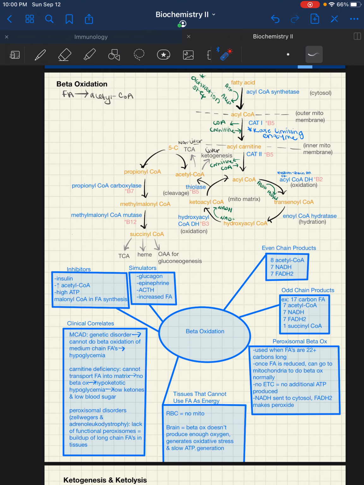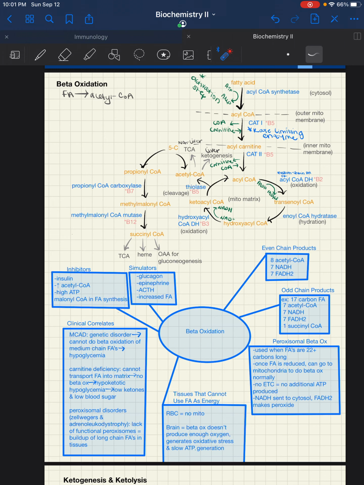Carnitine deficiency is if we don't eat enough carnitine, or there's some reason why we don't have any. Carnitine is needed to get into the matrix. So if we can't get into the mitochondrial matrix, we can't do beta oxidation. And that'll lead to hypoglycemia because if we can't use our fatty acids, we're gonna try and use up all of our glucose.